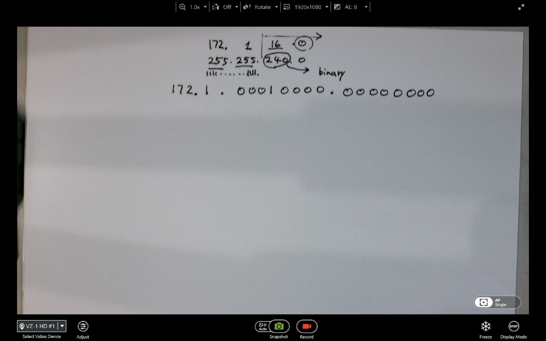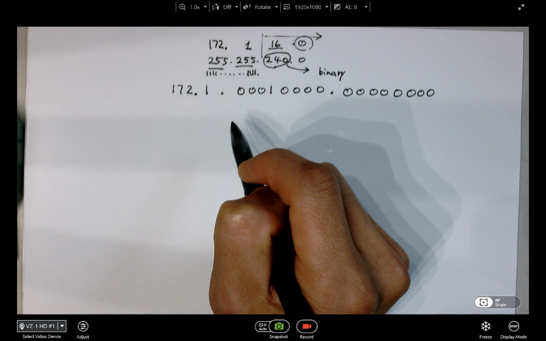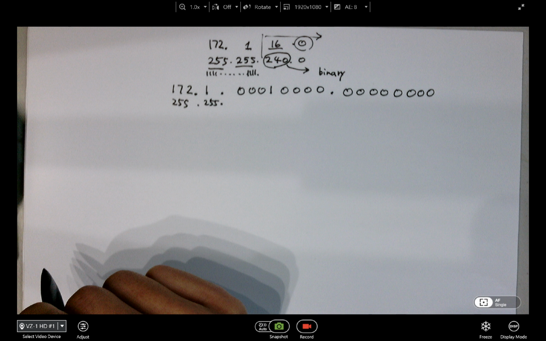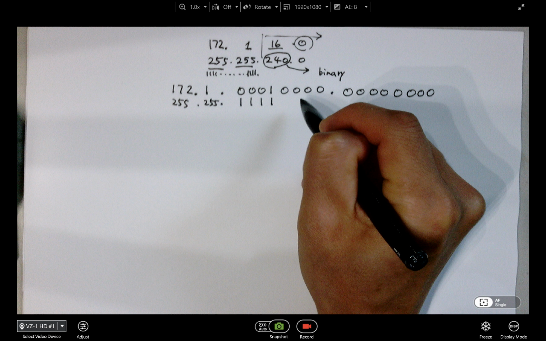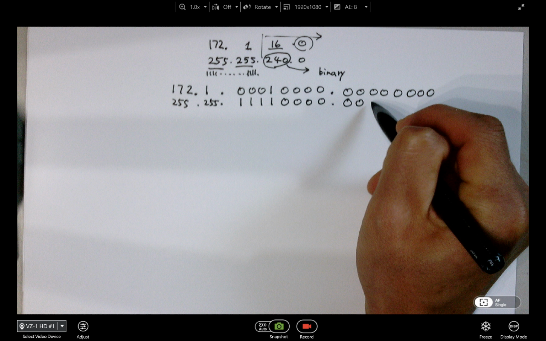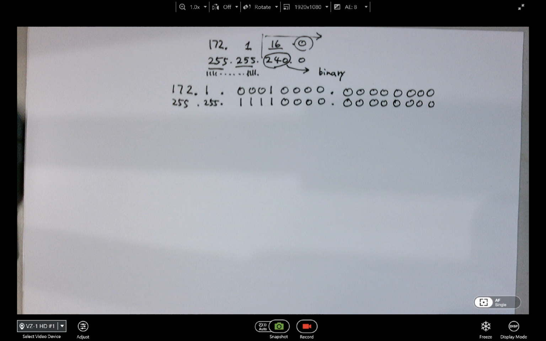And then the subnet mask, right? The subnet mask is 255.255. And this is 240, right? The binary number for 240 is 1111 0000, and then the last octet is 00000000. So that's the subnet mask.